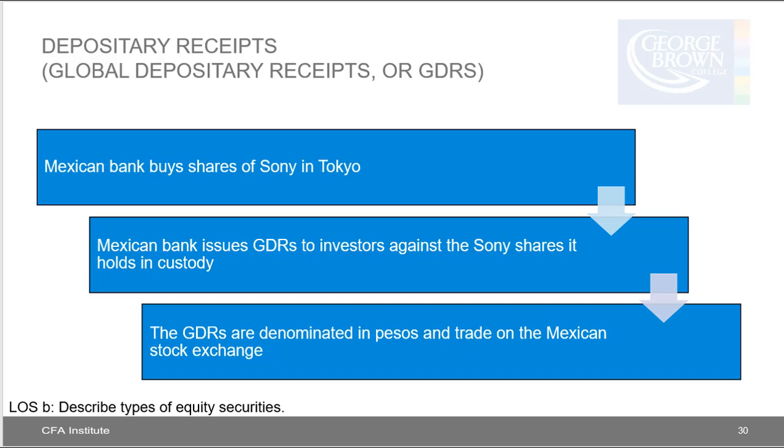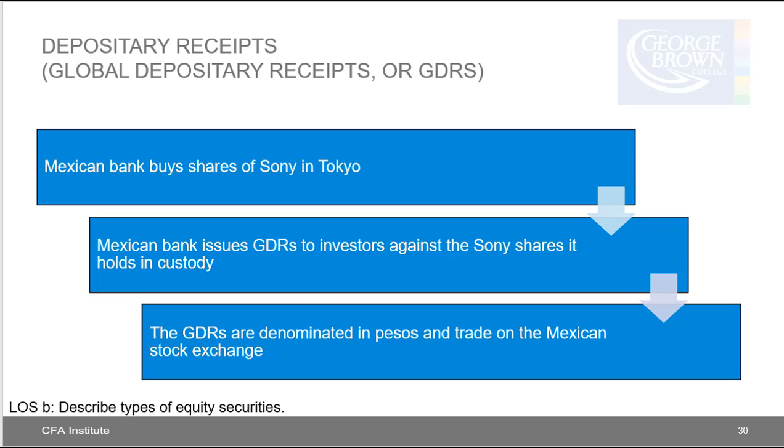To make this process easier, a financial institution in Mexico, such as a bank, can buy Sony stock on the Tokyo Stock Exchange and make it available to local Mexican investors. Rather than making the shares directly available for trading on the Mexican Stock Exchange, the bank holds the shares in custody and issues global depository receipts against the shares held.